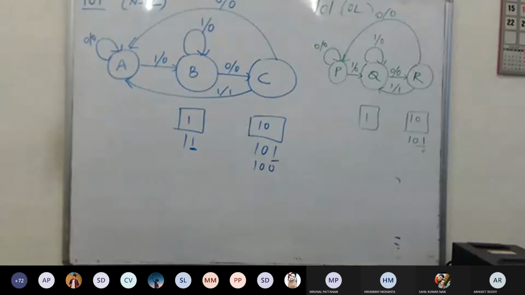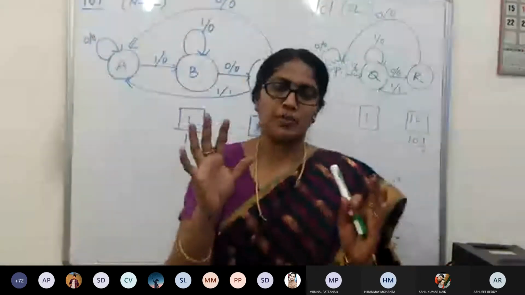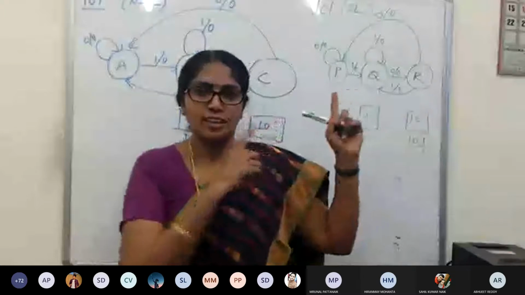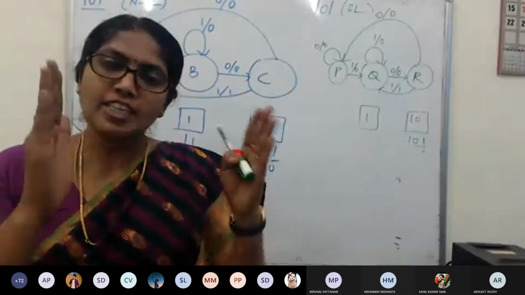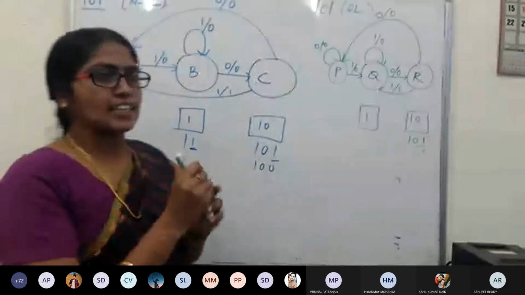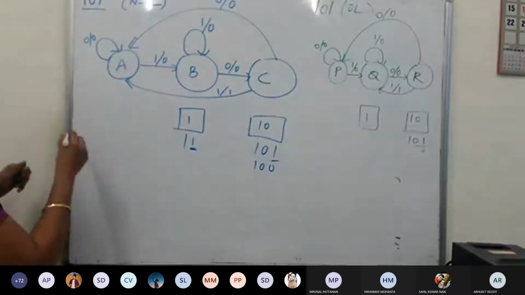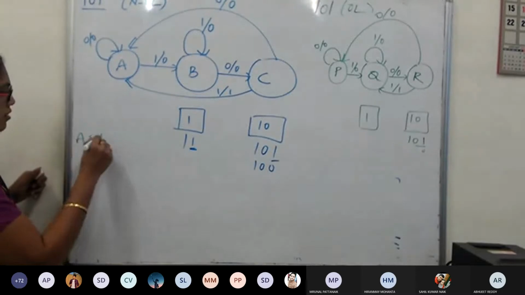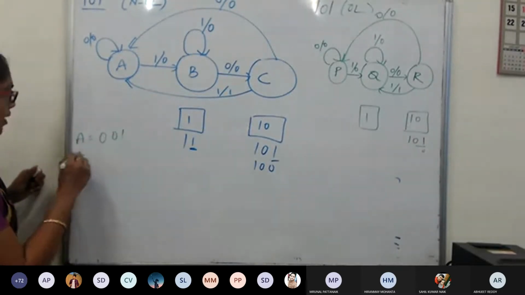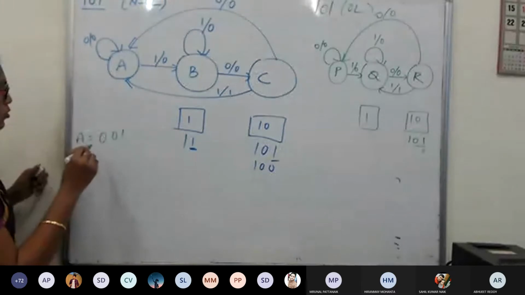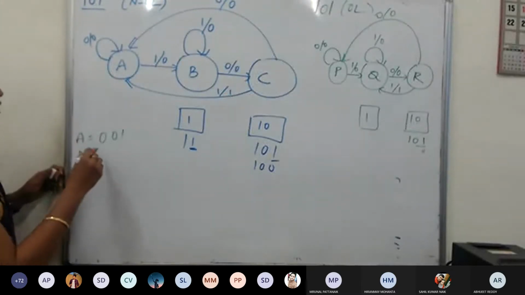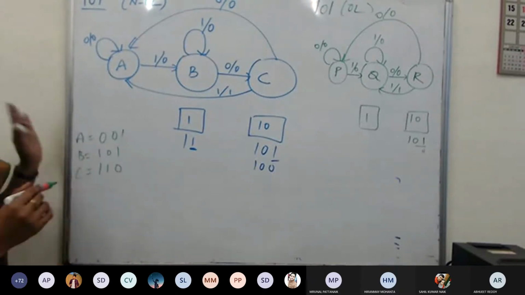Right. So now, once your state graph is with you, just rewind your memory. After the state graph, we have these A, B, C, D states. Now, if I tell that A is equal to 0, 0, B equal to, C equal to, and assigning states, right?